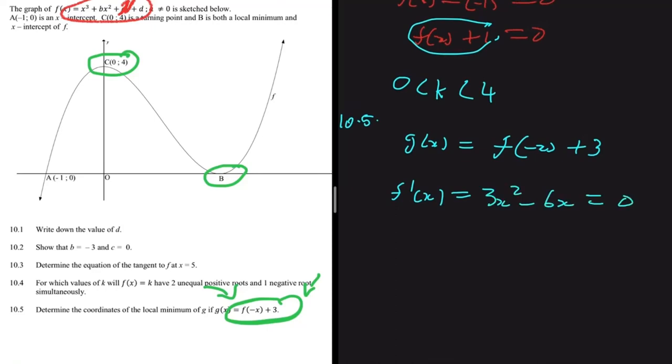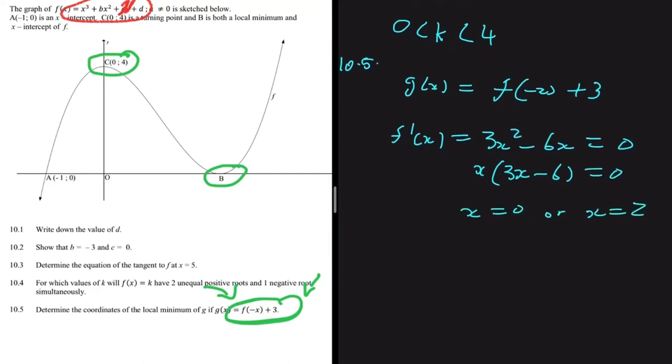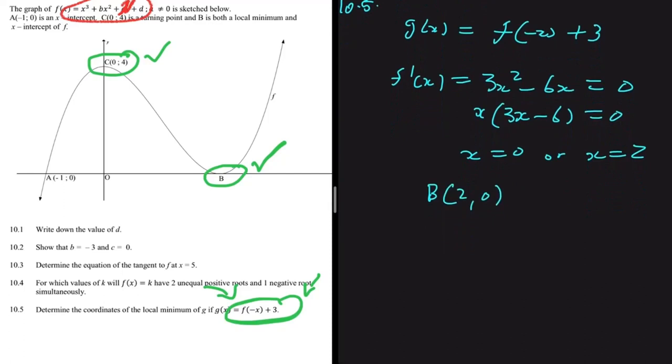Now we can take x as a factor, so we have x times (3x minus 6) equals 0. So x equals 0 or x equals 2. You can see here at C that's where x equals 0, so at B, x equals 2. So the coordinates of B will be (2, 0) because it is the x-intercept, so the corresponding y value is 0.